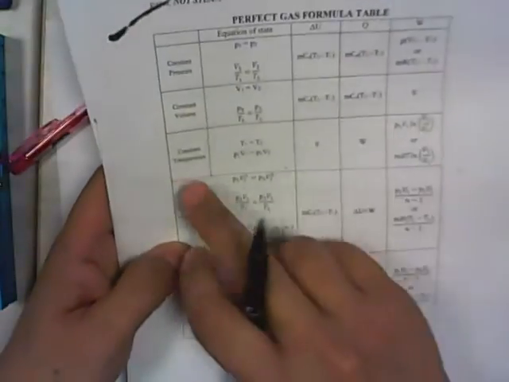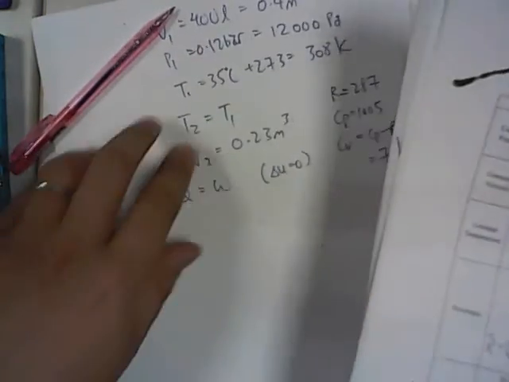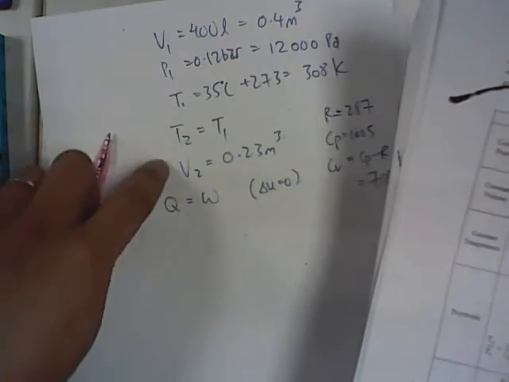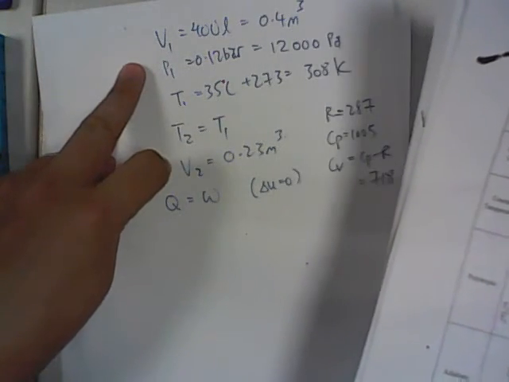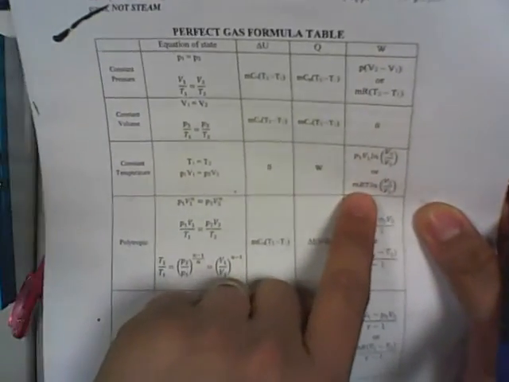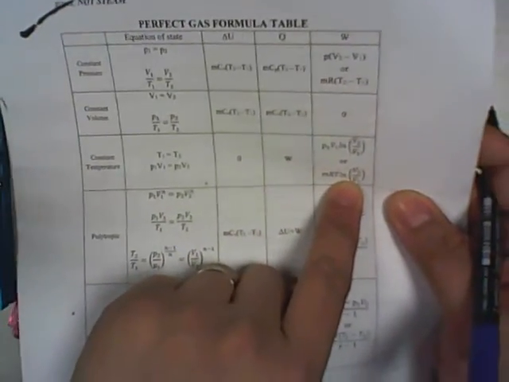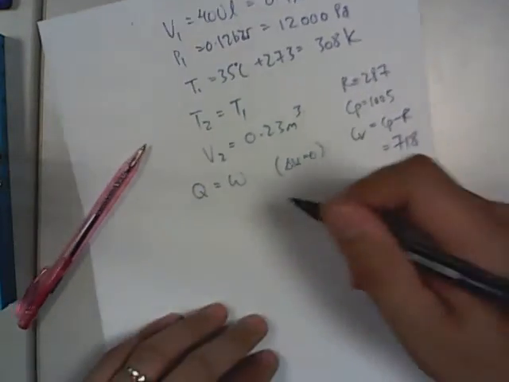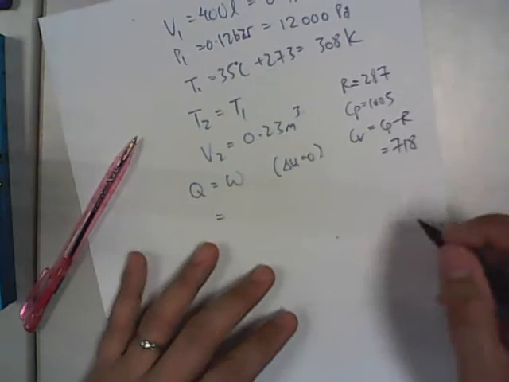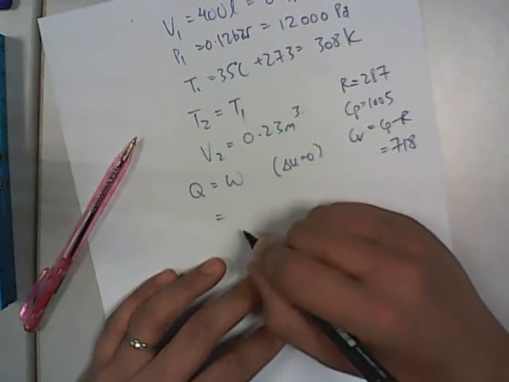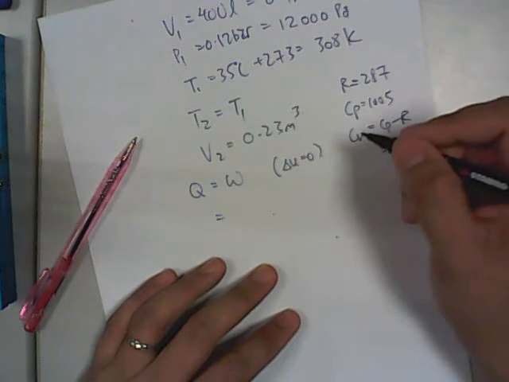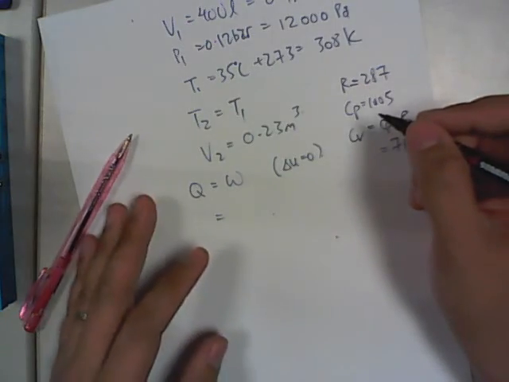And then after that you go to your page 67, the formula table, constant temperature. What do we have? We have volume 1 and volume 2. We have R and we have T. We are able to use mRT natural log V2 over V1. This will give us the work done and the heat transfer. Or should we not use that because we do not have mass?